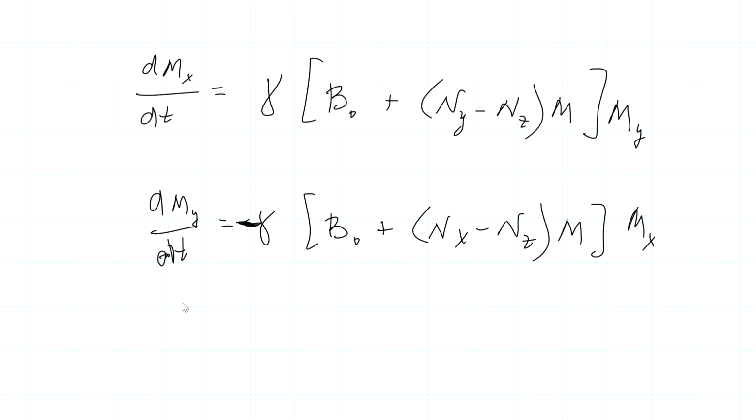You can also write dMz/dt equal and write it down, but to the first order, Mz would be equal to the saturation magnetization. As you remember, we have our magnetization in the direction of the magnetic field, and we're not interested in the very, very negligibly small variation of it in the direction of z, so we can write that this is equal to 0.